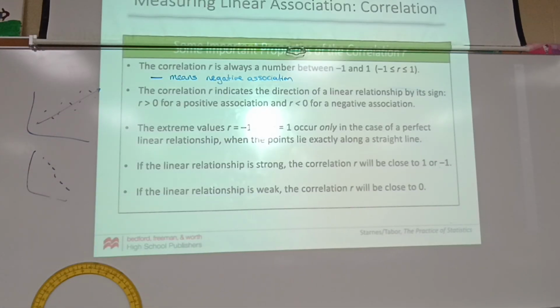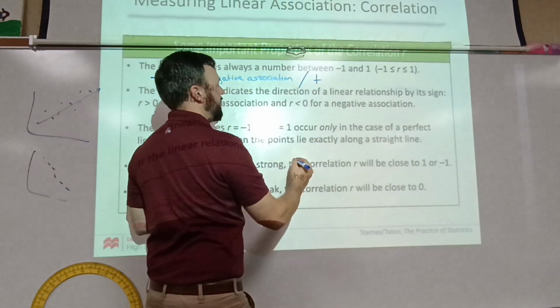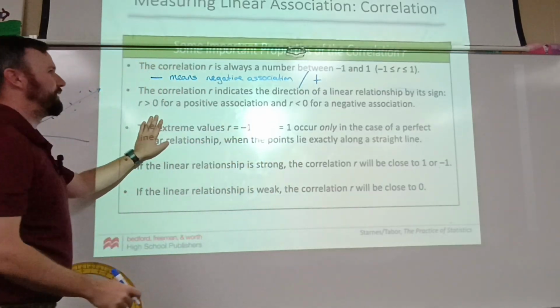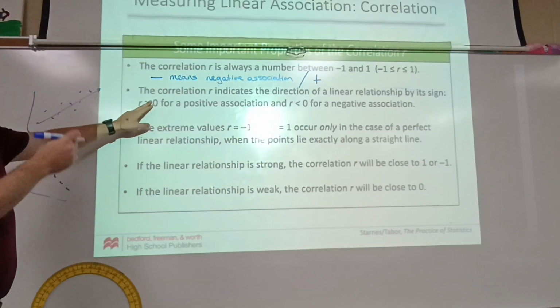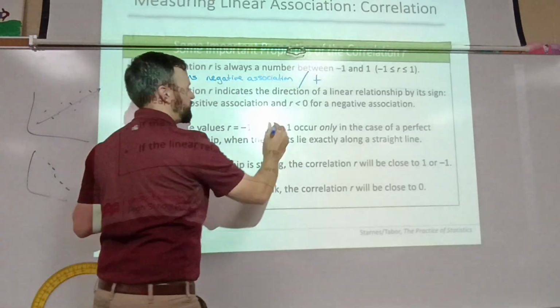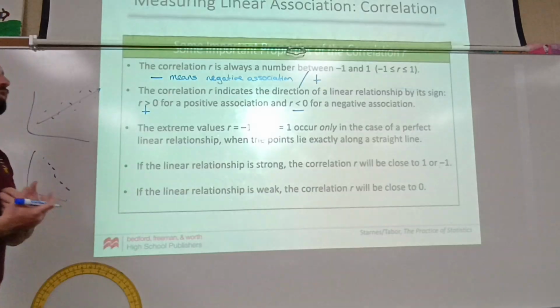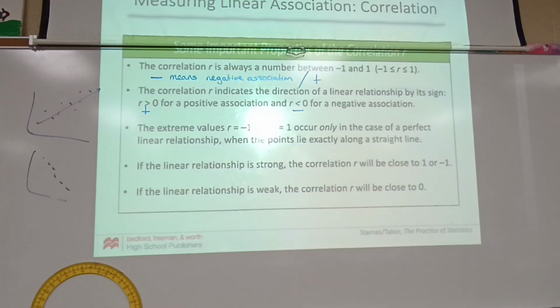So if the R is negative, the slope of the line is going to be negative. A positive R, R greater than 0, means it's a positive association. If it's negative, negative association. So if I can give you an R, you know the slope. It's always between -1 and 1. It cannot be above 1.